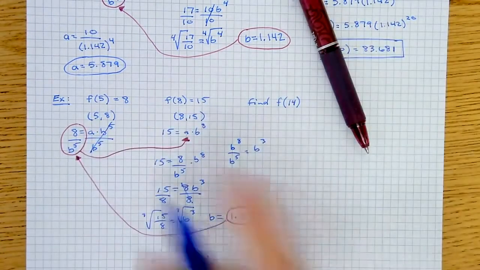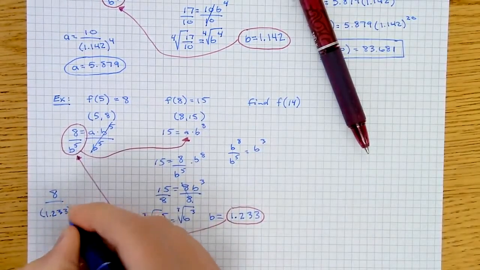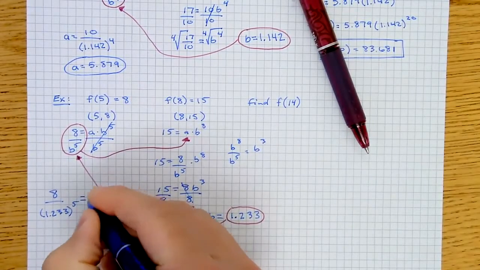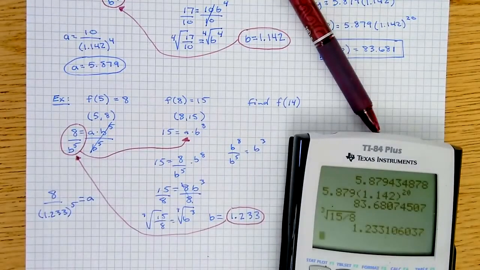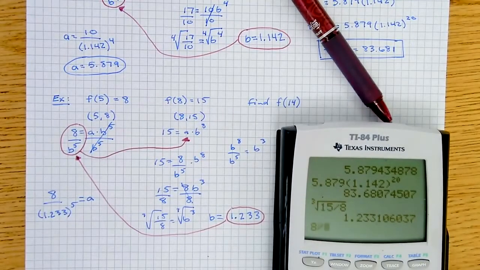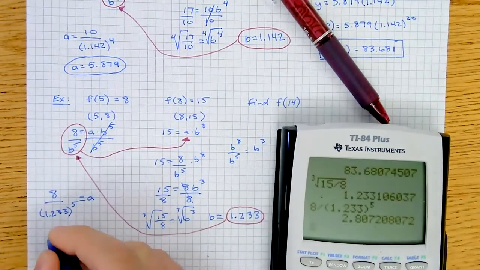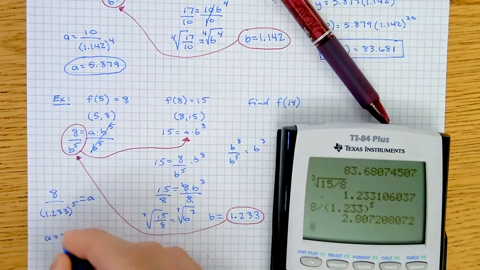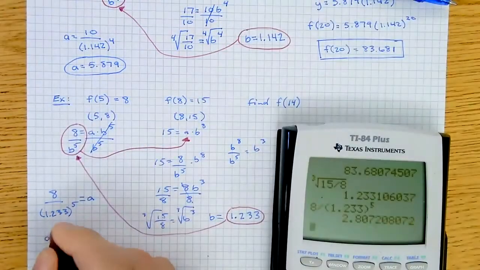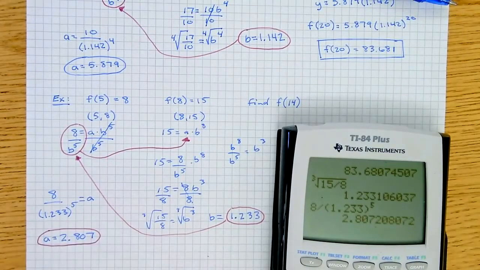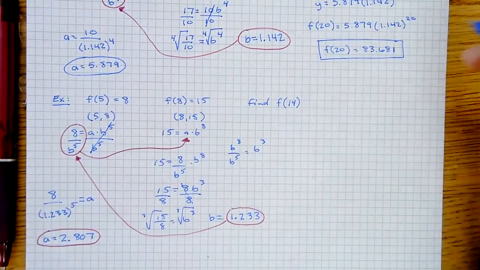Take that value, plug it back in for b to solve for a. Now we have our a and our b values.